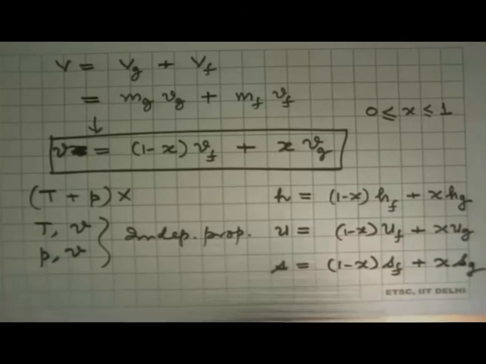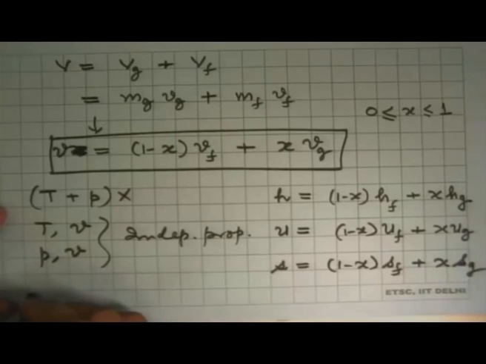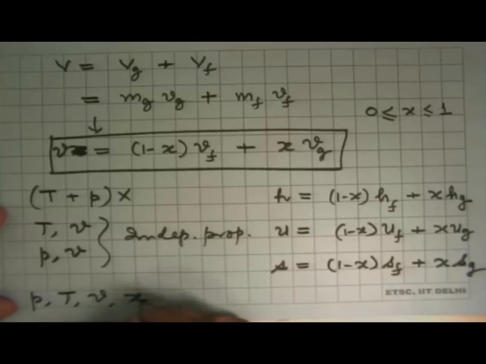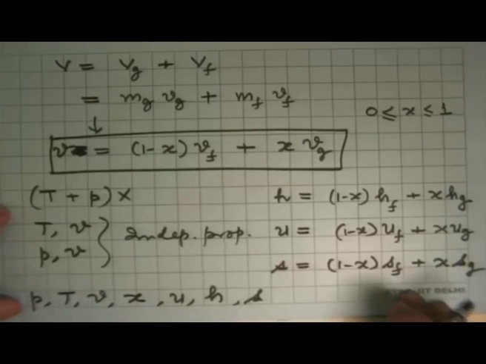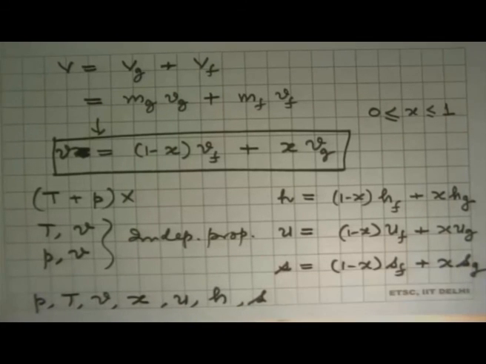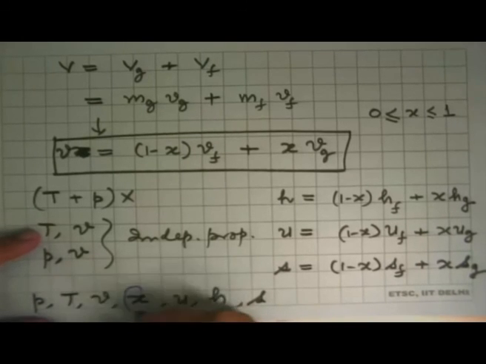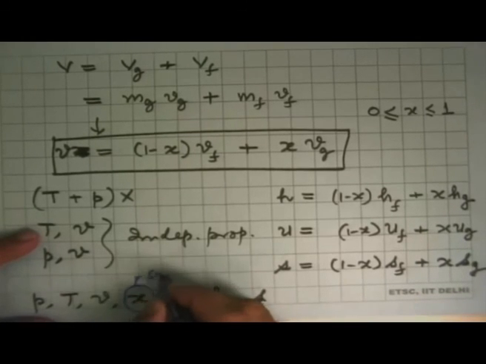So we have come to a point now where I had independent properties called P, T, v, and now we have added x, u, h, s to that. And what we have said is that x applies only to a saturated state.